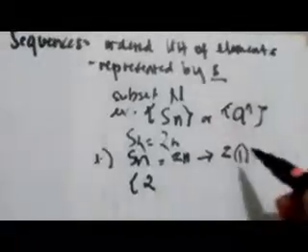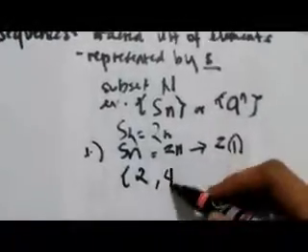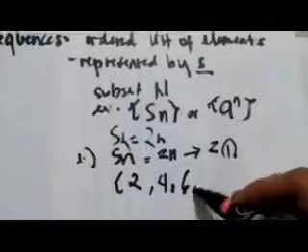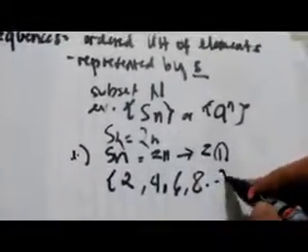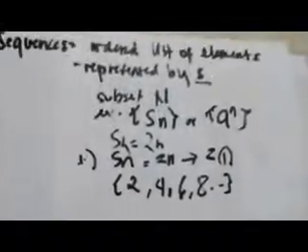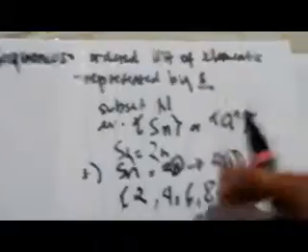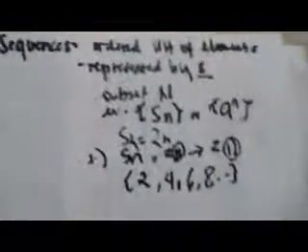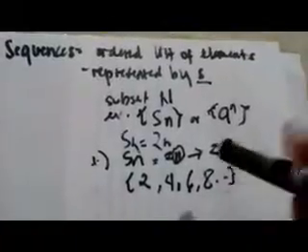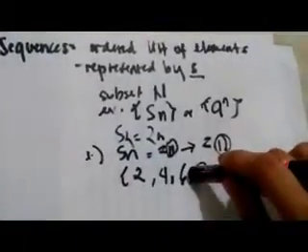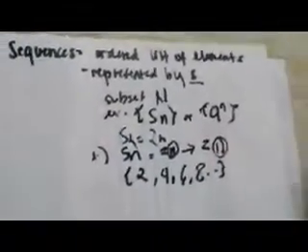Then 2 times 2 is 4, 2 times 3 is 6, 2 times 4 is 8. The list goes on and on. Usually we start with 1 as n and then go upwards, like the positive natural numbers, starting from 1.